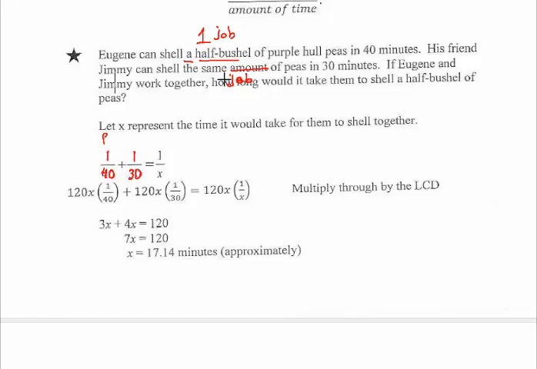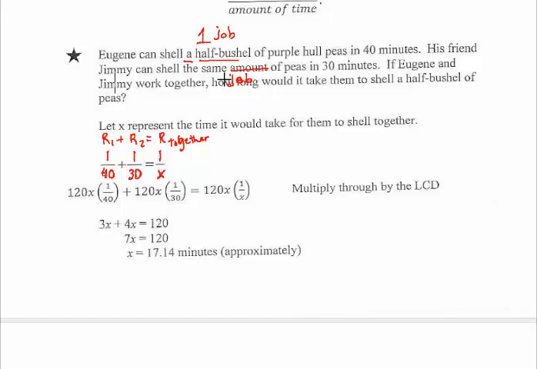So once again, we have two rates that are added, and then over here we set it equal to the rate total. If they were to work together, which is what we've been calling work together, and do just one job again, shell a half bushel, then we have one job, and we don't know the time, so we replace the denominator with an x.